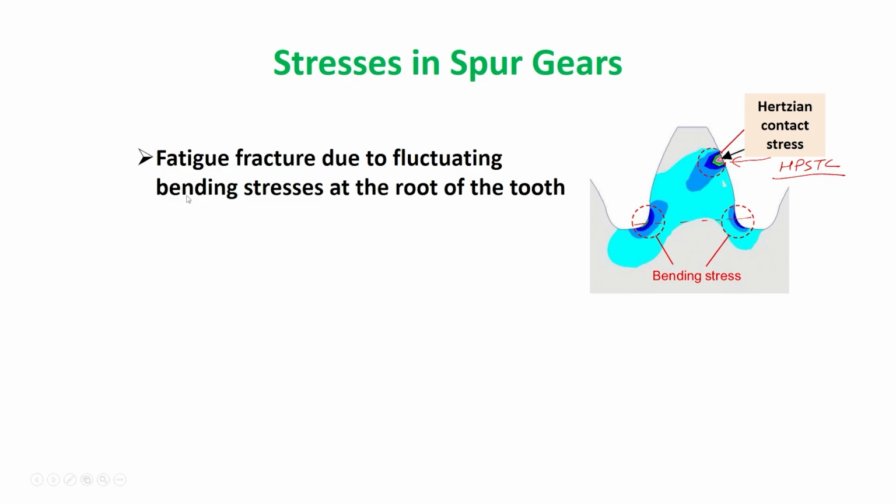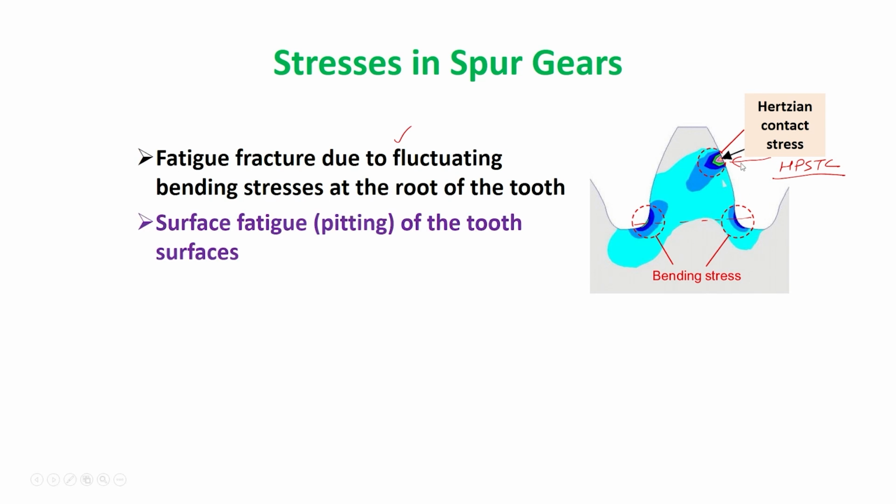They are fluctuating because when the tooth is under engagement, these stresses will act, and they will become 0 when the gear tooth disengages. The next one is the surface fatigue, as the gear teeth are in contact at this point. This is the mating gear tooth, and so very high contact stresses act, and those contact stresses are determined from the Hertzian contact stress.